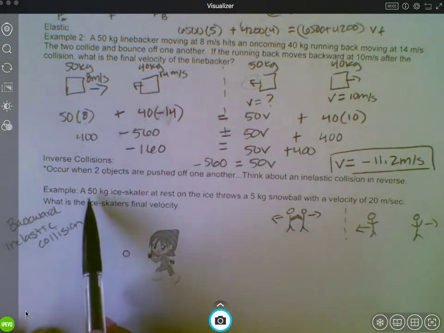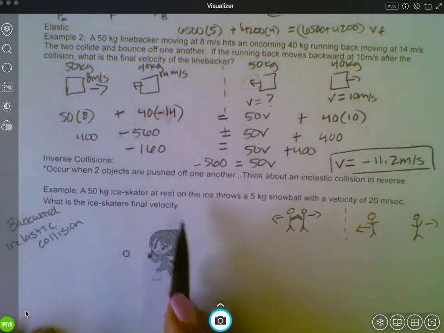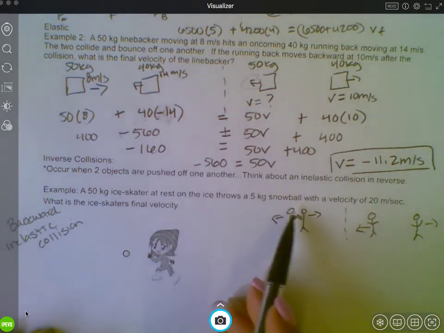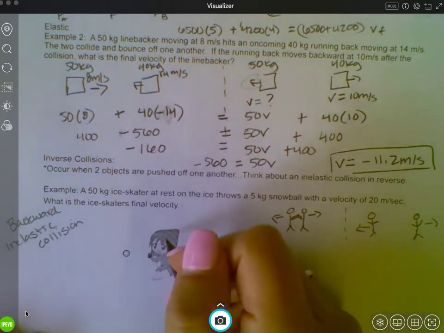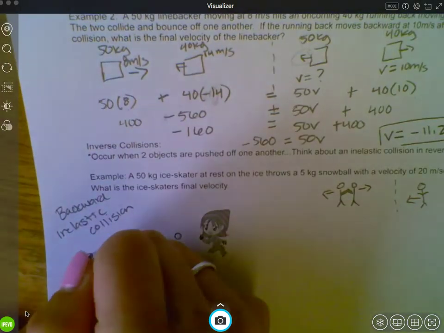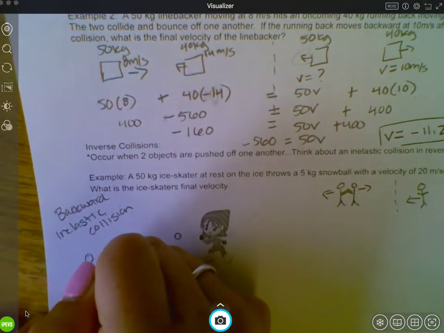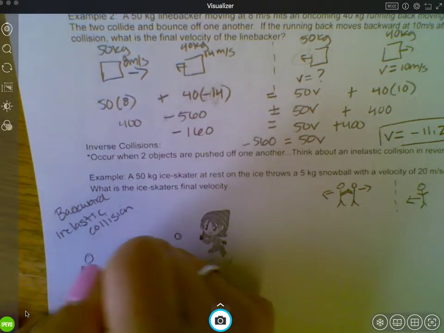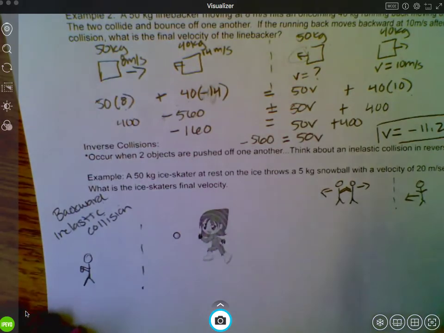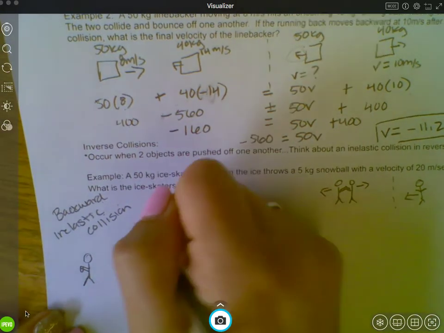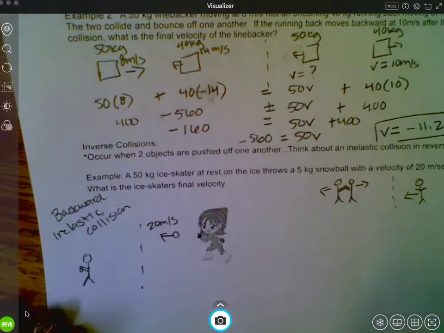So for example, a 50 kilogram ice skater, so here we are, at rest on ice, throws a 5 kilogram snowball. So let's say this is the after picture. The before picture would look like this. It's just her holding on to a snowball. And then after, she throws the ball going backward at 20 meters per second.